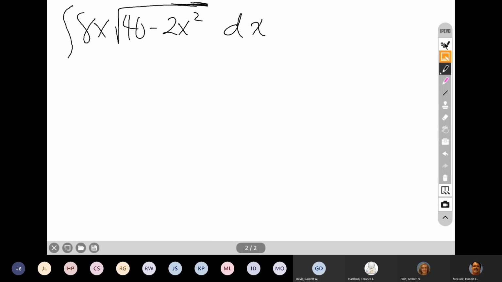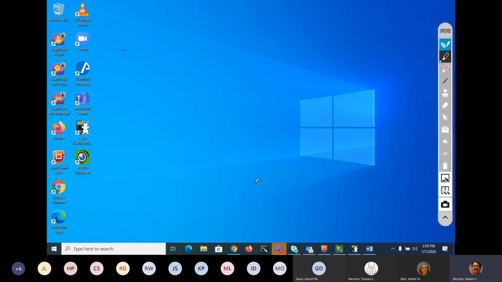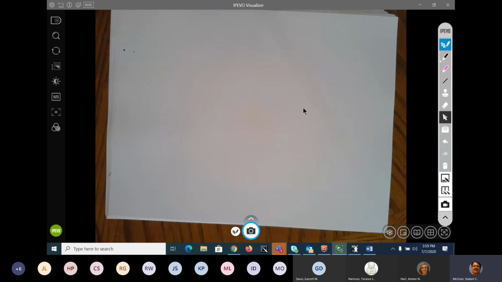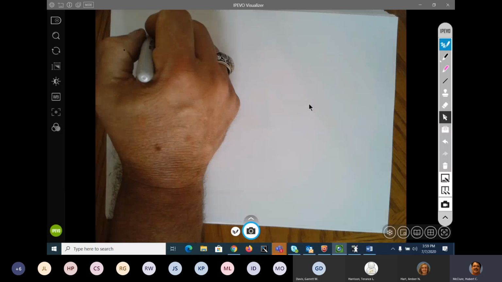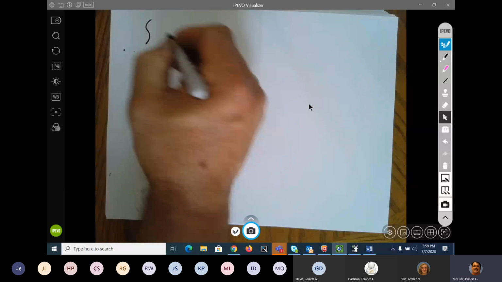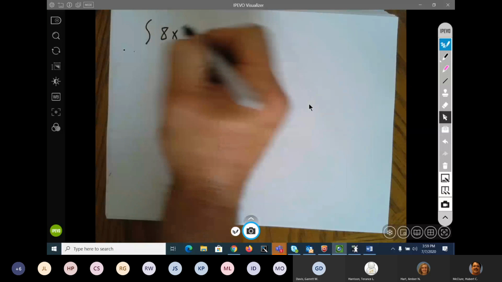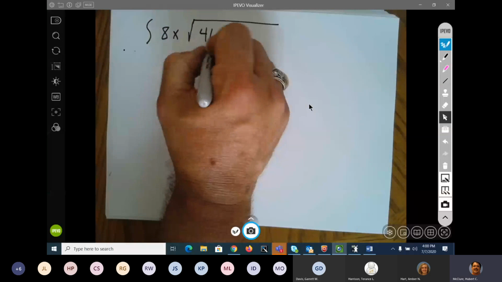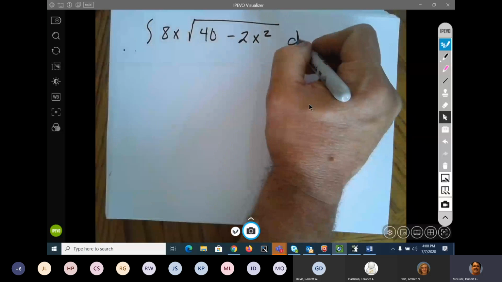Okay. I'm going to do this one on the handy dandy Word document. There we go. So we've got the antiderivative of 8x times the square root of 40 minus 2x squared dx.